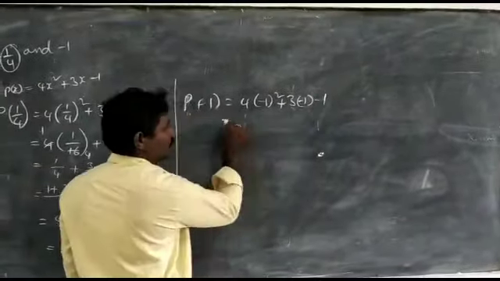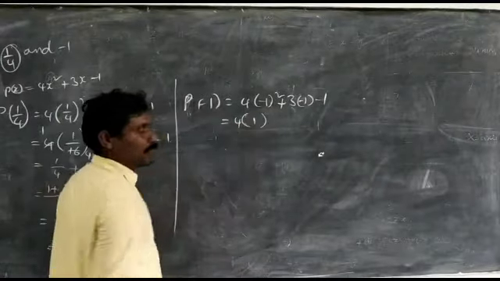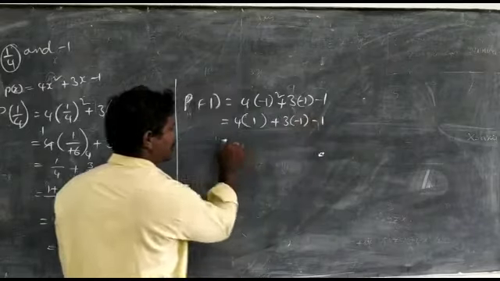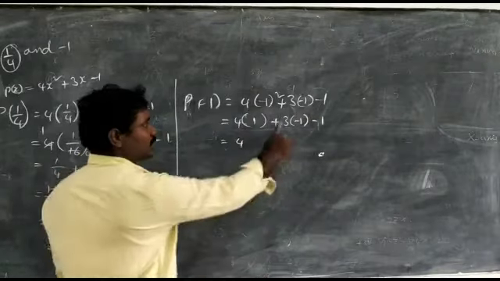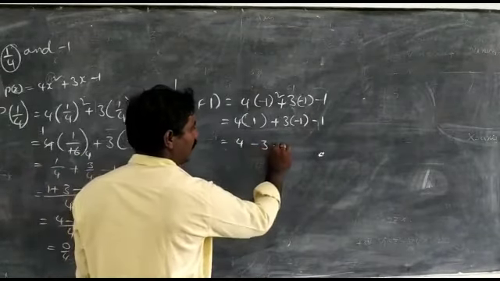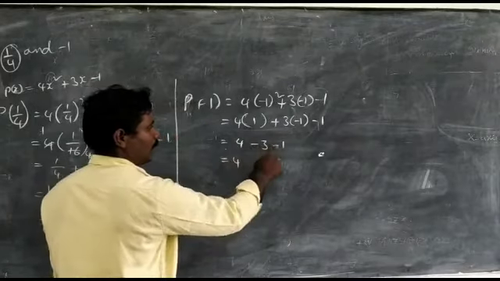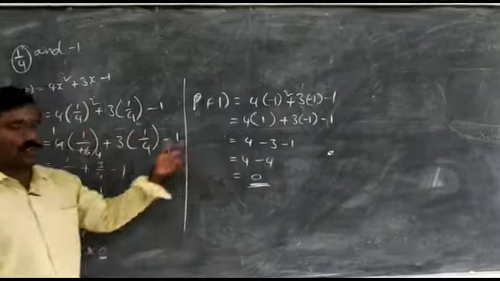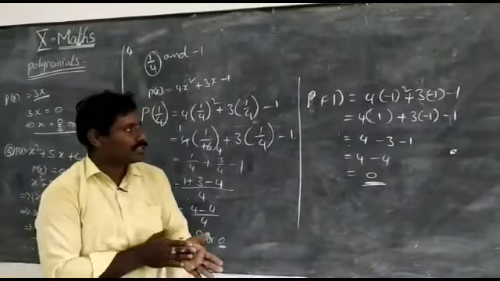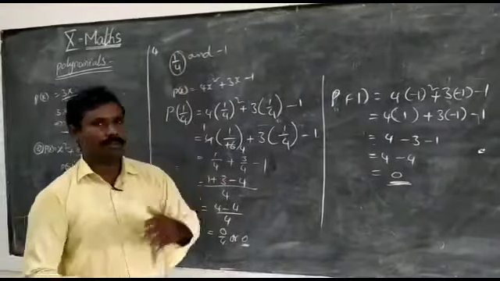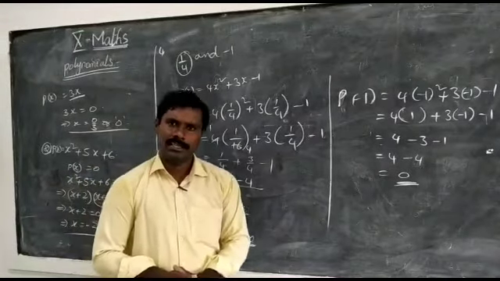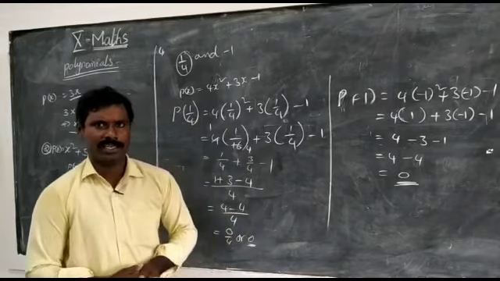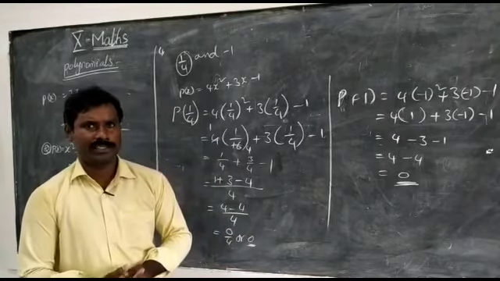Now see here, 4 into minus 1 square is positive, and plus 3 into minus 1 minus 1. 4 into 1 is 4, 3 into minus 1 is minus 3, and minus 1. 4 minus 4 is 0. In these two cases we got the remainder 0. Therefore 1 by 4 and minus 1 are the zeros of the given polynomial. Thank you. We are completing the 3.2 exercise today. Now we are going to 3.3 in the next class.